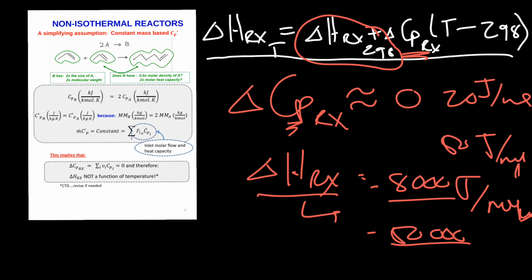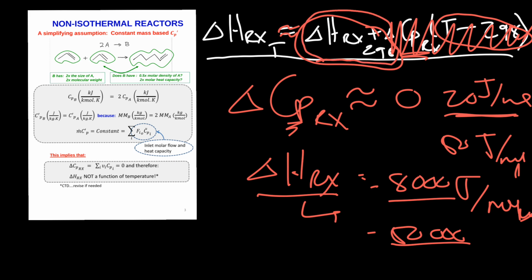So depending on this difference in temperature and the size of this value, it is often quite reasonable to say that this term can be neglected and that therefore my del H at any temperature can just be substituted with the del H that we get when we calculate it at 298.